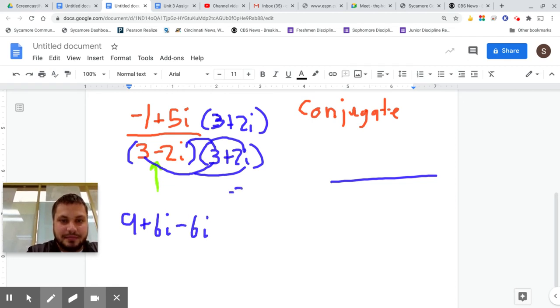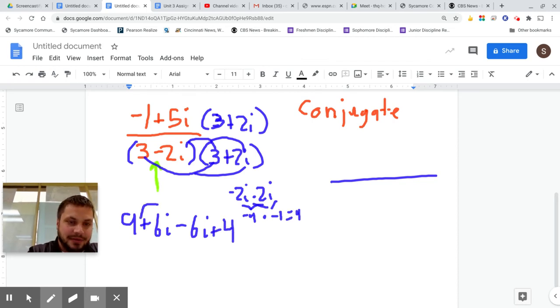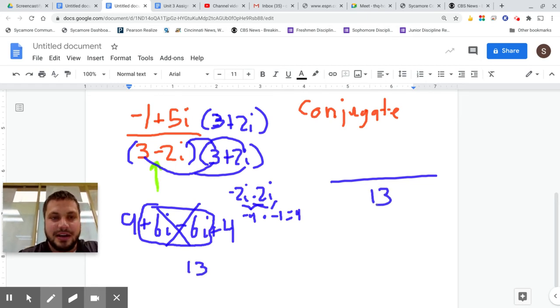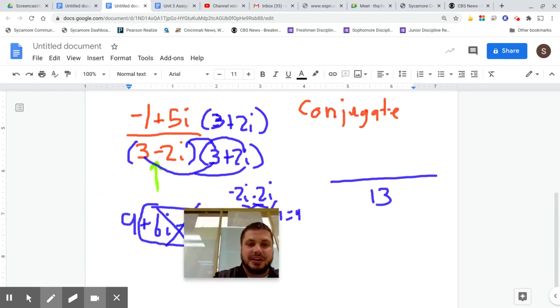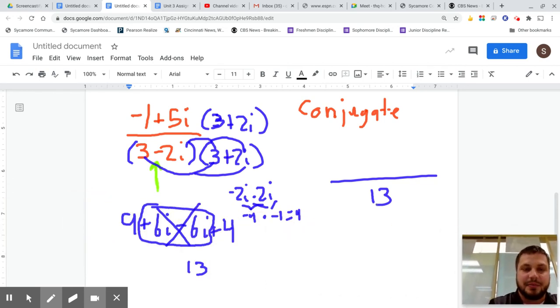Negative 2i times 2i is negative 4 times negative 1, which is positive 4. Look what happens to my i terms when I multiply by the conjugate. 6i minus 6i is gone. So I'm just left with 9 plus 4, which is 13. I've just turned my denominator into a whole number, 13, which is, again, my goal, to get the i's off the bottom.